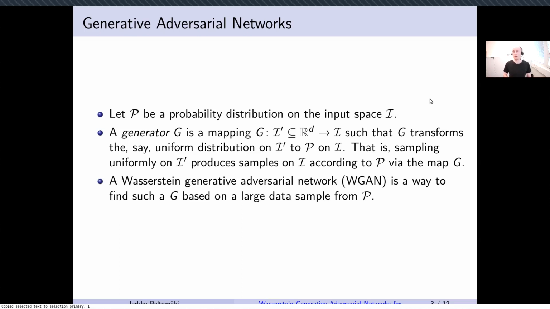And here we are all the time talking about Wasserstein Generative Adversarial Networks, but it's just a way to train this G based on a large data sample from P. There are other ways, but in this paper, we focus on these ones.